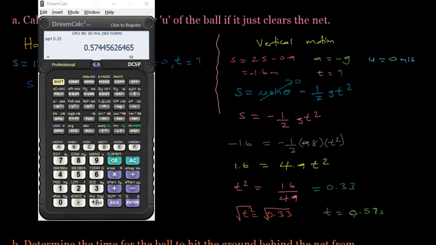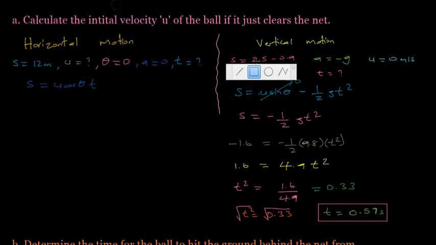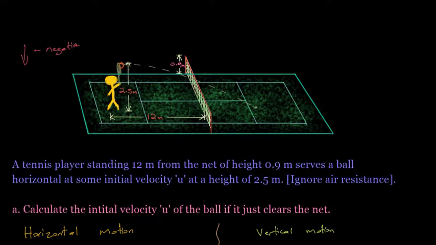So that would be our time for the ball to reach the net after it has been served by the player. This value right here is the time it takes. So it's going to take 0.57 seconds to go from here and reach the net.